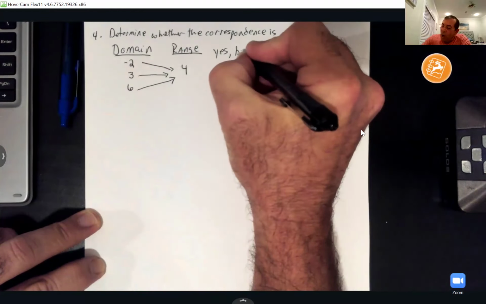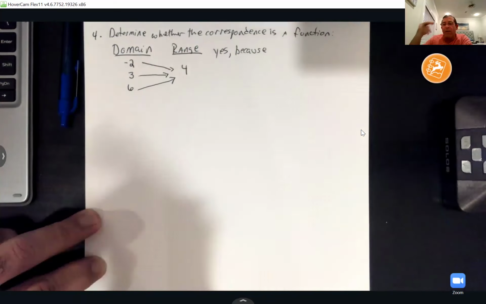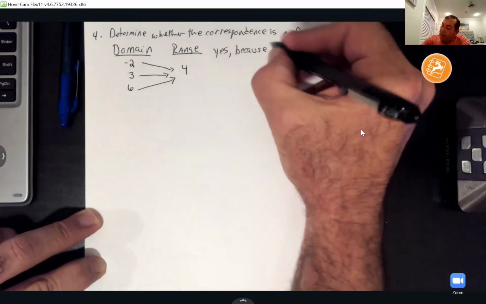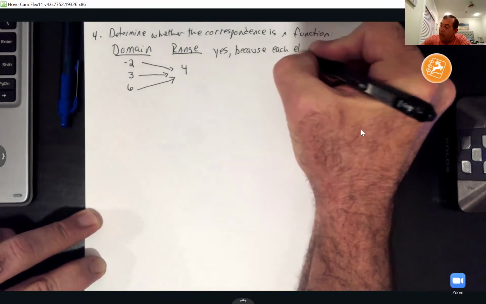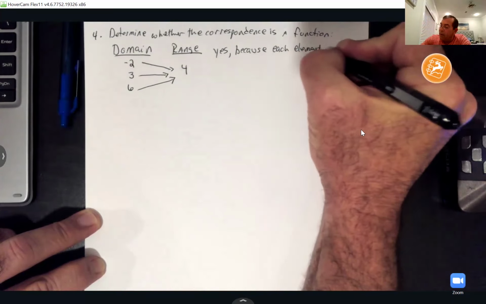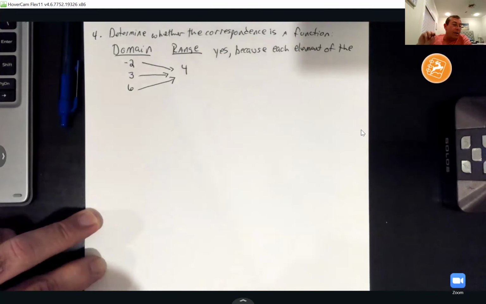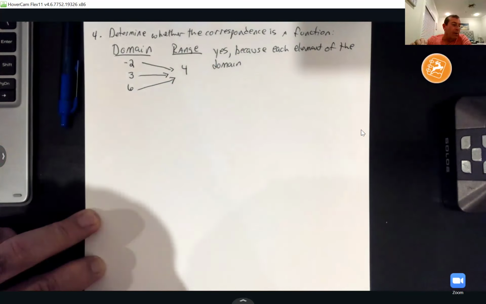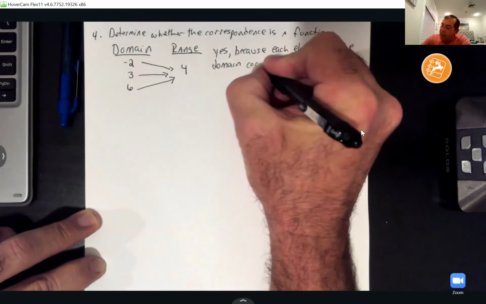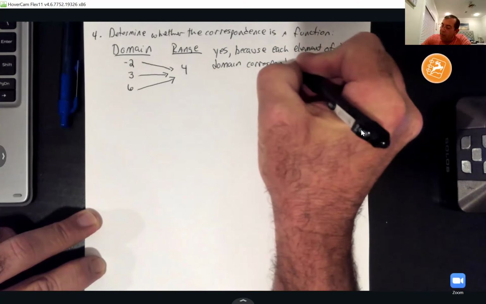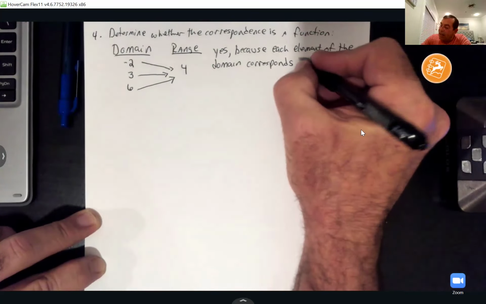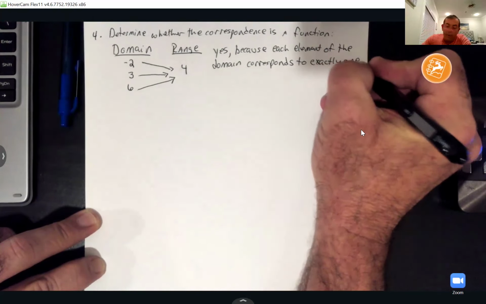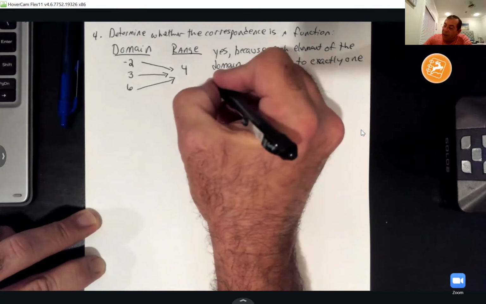And then you got to put yes because they'll have an A, B, C, D choice. So make sure you pick the one that says because each element of the domain corresponds to exactly one element in the range.